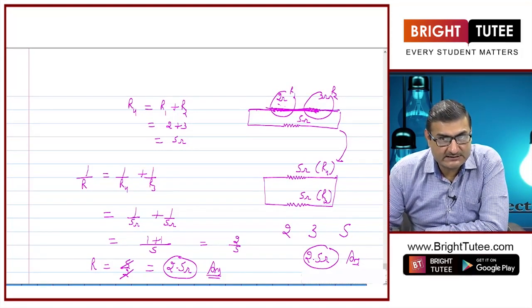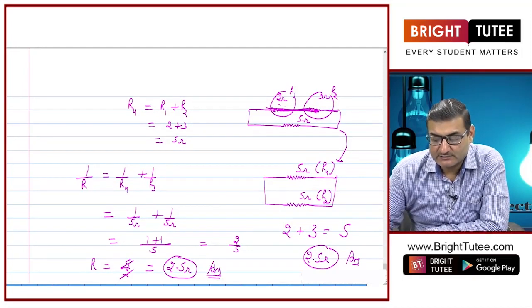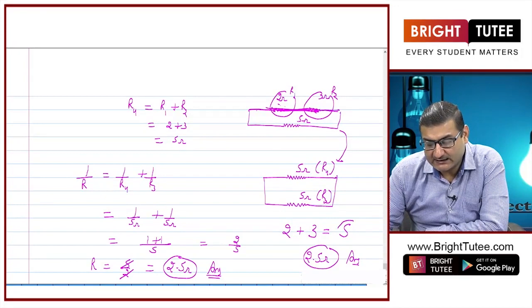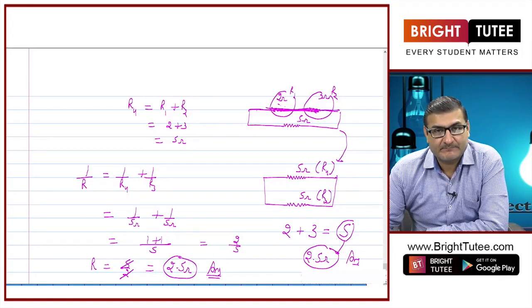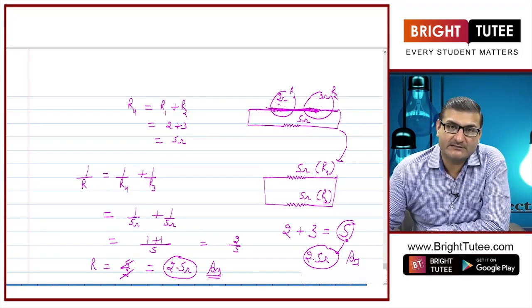The two conditions, I repeat, should be fulfilled. The first two resistances should add up to give the sum as the third resistance, and the answer required should be half of the final, the bigger resistance. Got it? Fine. So, this is how we will take out the third type of combination.